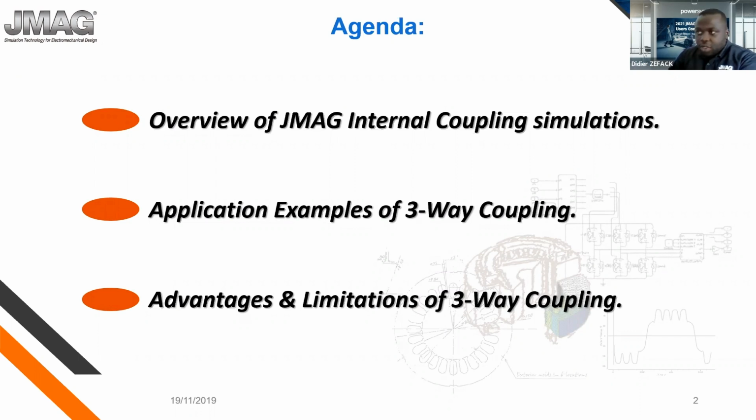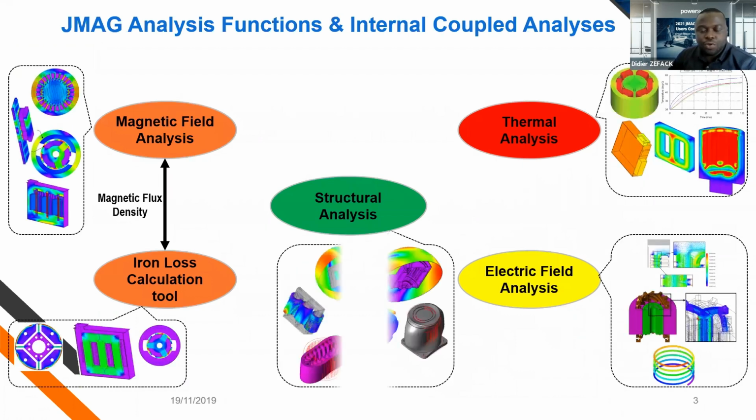Regarding the internal coupling inside GEMAG, you know that inside GEMAG you have different solvers or different analyses. You have the multi-field to calculate the multi-field distribution inside the motor. You have the thermal for the temperature analysis. You have the electric field for the current density distribution. You have the mechanical analysis to check the deformation or the stress of the structure of the machine.